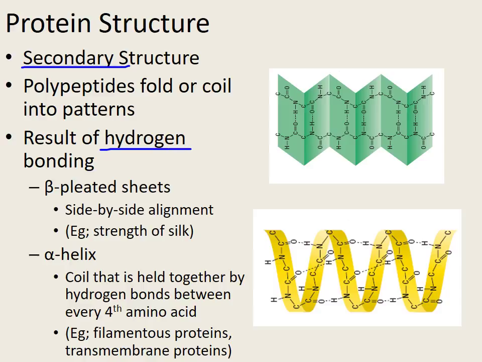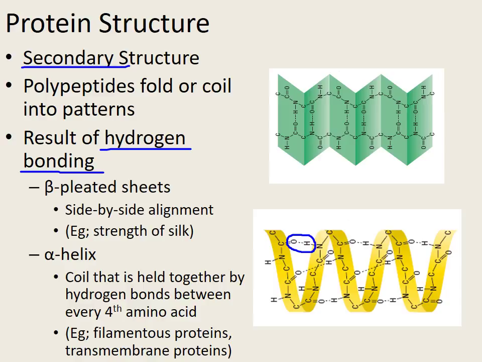The result of this secondary structure is from hydrogen bonding. The hydrogen bonding occurs between different amino acids. A hydrogen bond is a bond between a hydrogen and an oxygen in this case. It could also be between a hydrogen and a nitrogen. It's just hydrogen bonding.